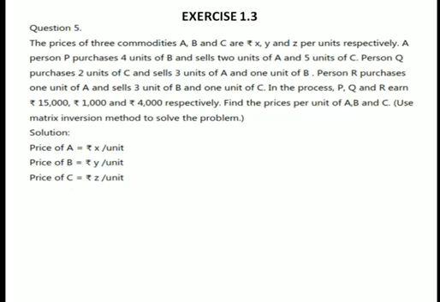First you write the price of A equal to rupees x per unit, the price of B equal to rupees y per unit, and the price of C equal to rupees z per unit.